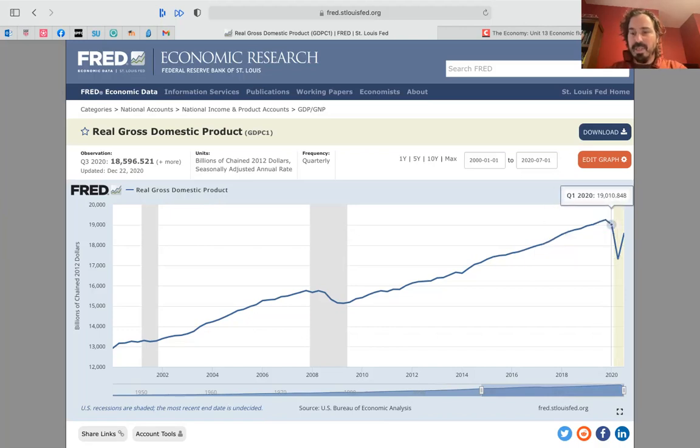And so looking here now recently, we see this giant drop off in GDP from COVID, and it bounced back a lot of the way, but not all the way so far.